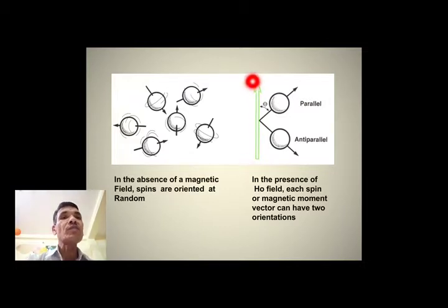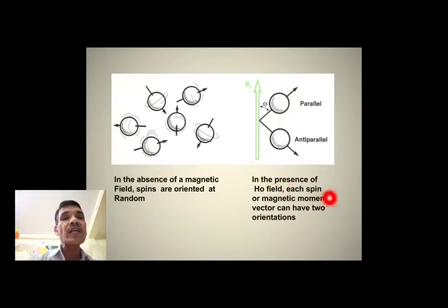But under the influence of the externally applied magnetic field, the spinning nucleus spins around its axis, but while spinning, it may orient either parallel to the externally applied magnetic field in this direction or anti-parallel in this direction. So this state is the alpha state and this state is the beta state.